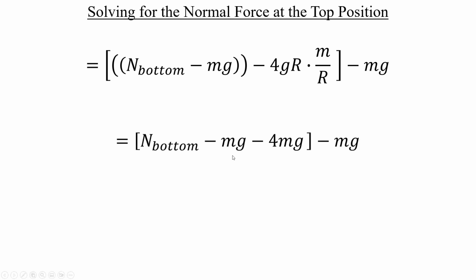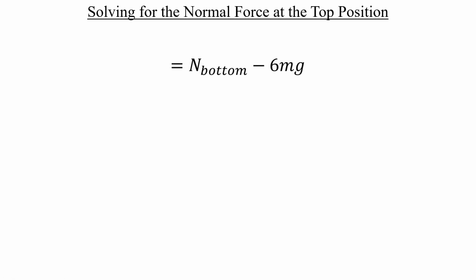This minus mg can be collected with minus 4mg, which gives us a total of negative 5mg, and the square brackets can be dropped, which allows us to collect yet another minus mg to make that total negative 6mg.